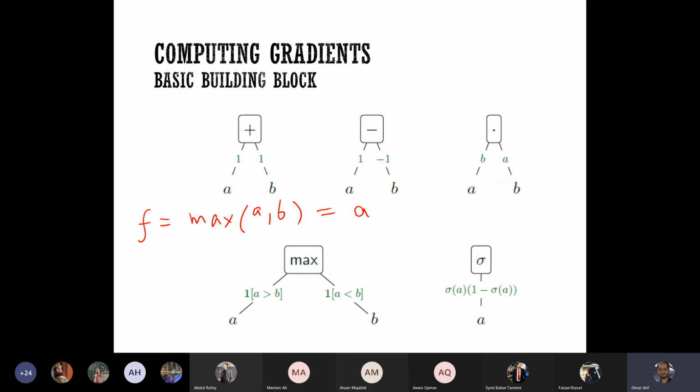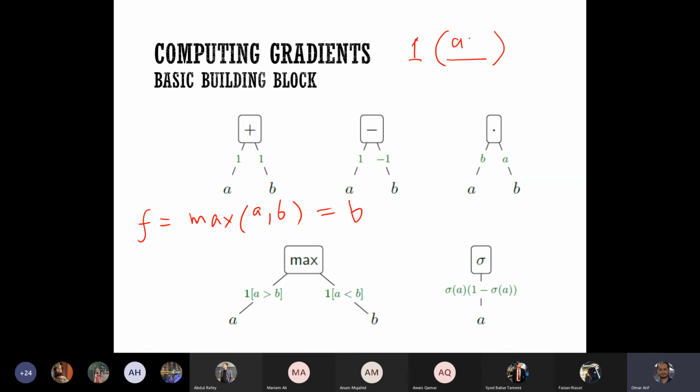But if b is greater than a, then this function will output b, and the derivative of f with respect to a will be 0, because a is not in this equation. So in order to represent these ones and 0s, I'm going to use this indicator function 1. An indicator function is such a function that if the argument is true, it is going to output 1, otherwise it is going to output 0.